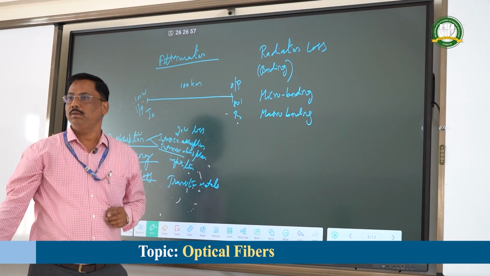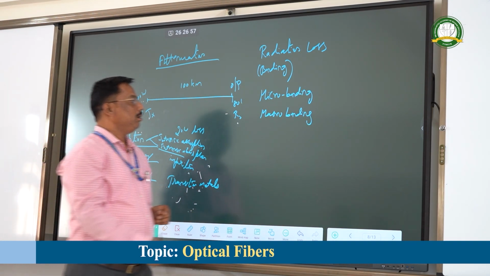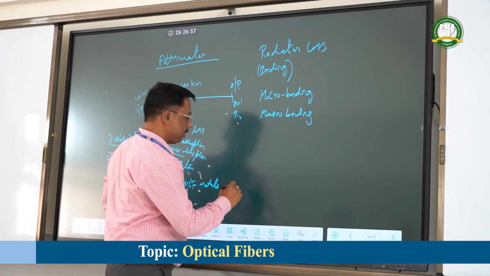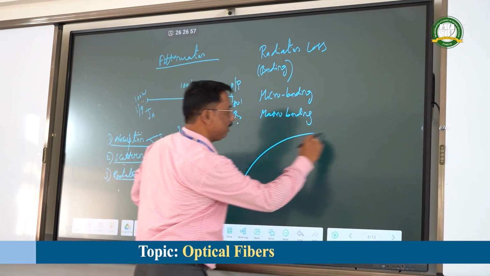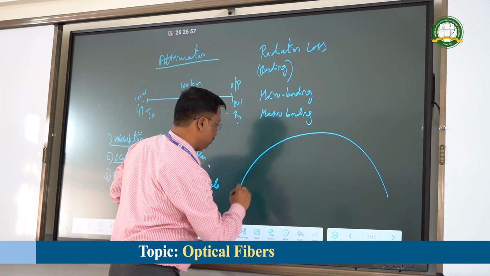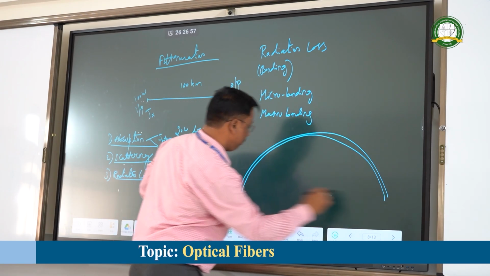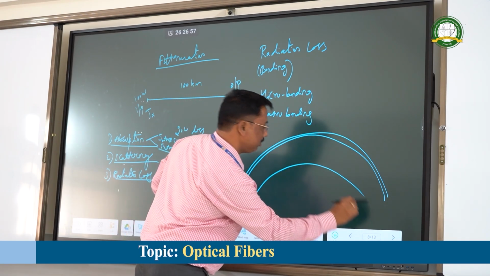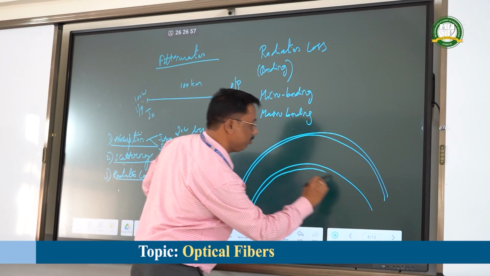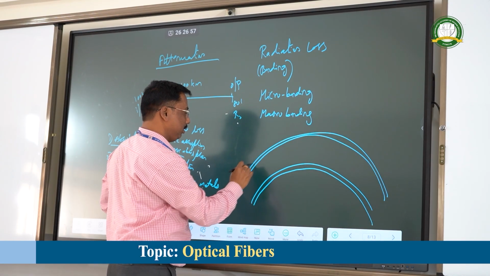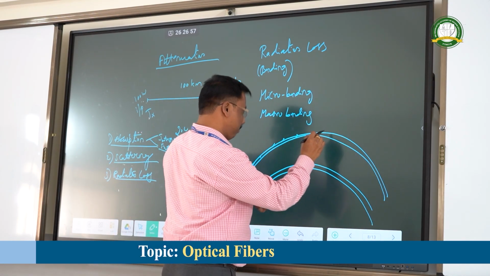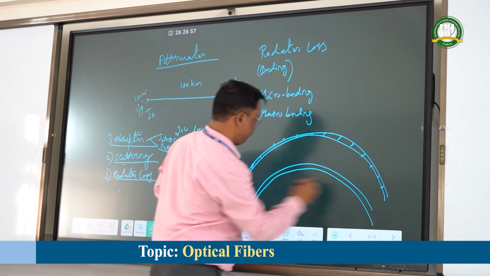Macro bending means, suppose you consider an optical fiber like this. It looks like a bent, curved shape optical fiber.